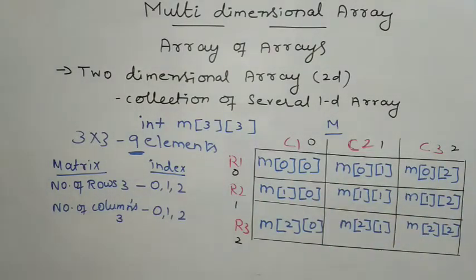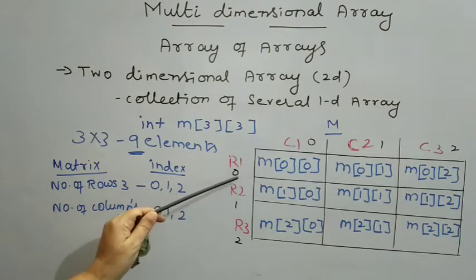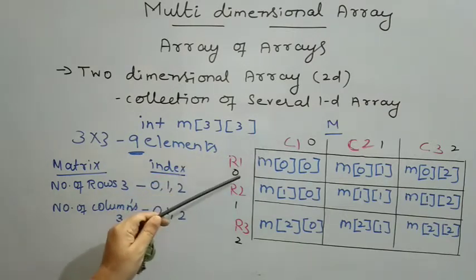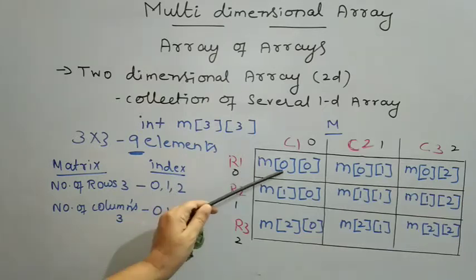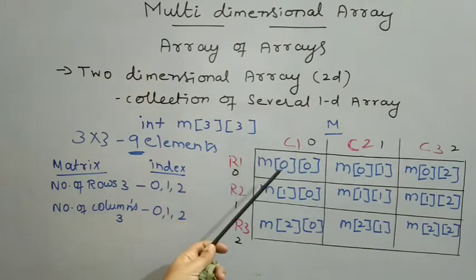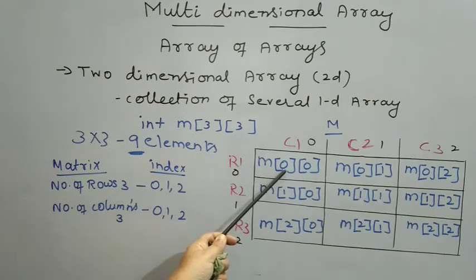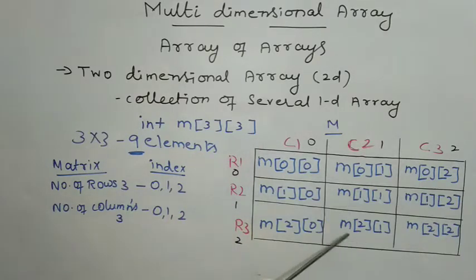To access an individual element, suppose I take the first element, in the first row and first column. The index position of row 1 is 0 and of column 1 is 0, so it is the element in the 0th row and 0th column. If I take this other element, it is in the third row and second column.